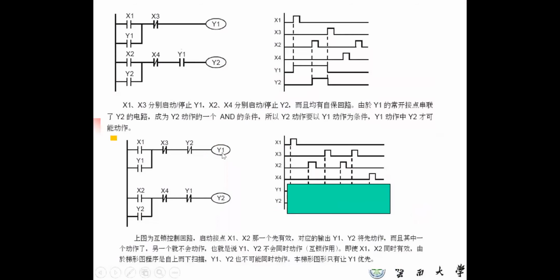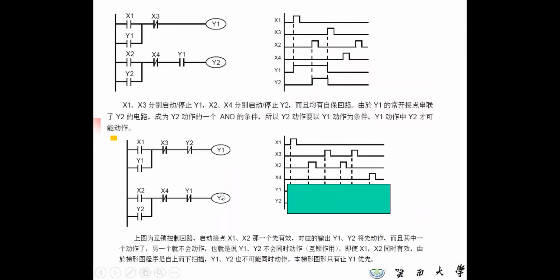When I start Y1, Y2 must be stopped. If Y2 is running, I can't start Y1.